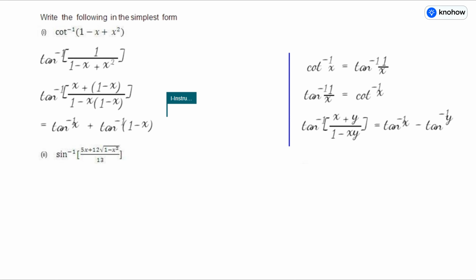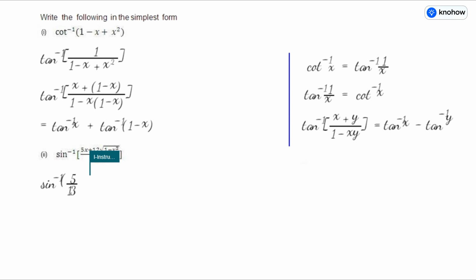Yes, this is again a good question. Directly it doesn't look like any formula pattern, but you know that if it is sine inverse of an expression, then inside somehow it would get something like sine theta. Just rewrite the expression as divided by 13 separately.